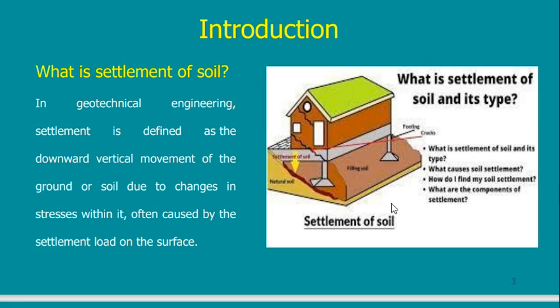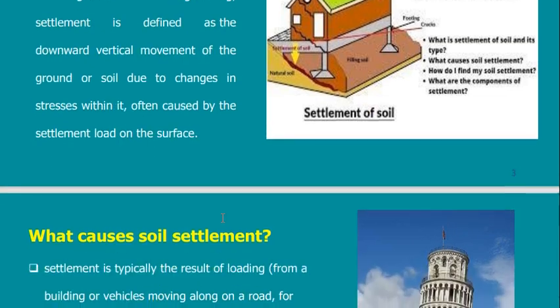Differential settlement means settlement of one footing different to the other one next to it, different to the third one next to it, and so on. So my building will be cracked and damaged because of this variable amount of settlements.